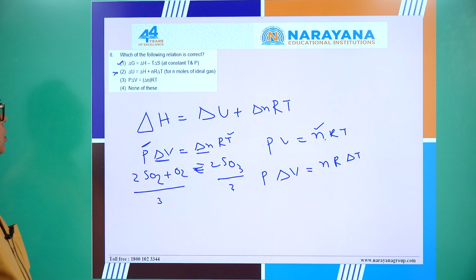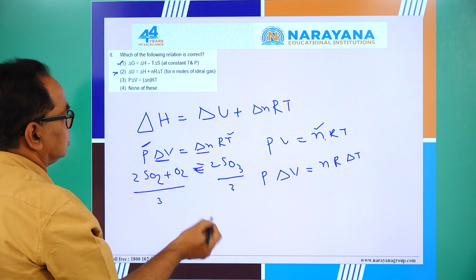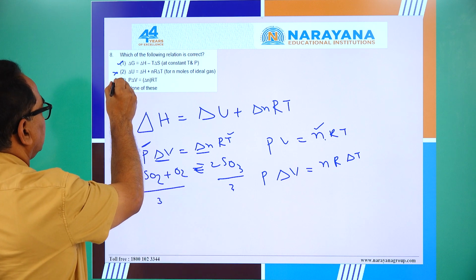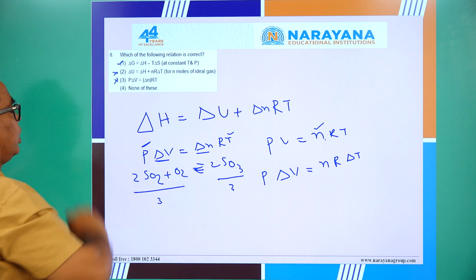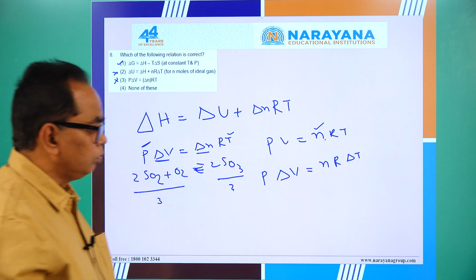So that's why this is not true in all cases, so we can ignore this also. And anyhow, the fourth option is none of these. So for this question, the correct answer is 1. Moving to the next question.